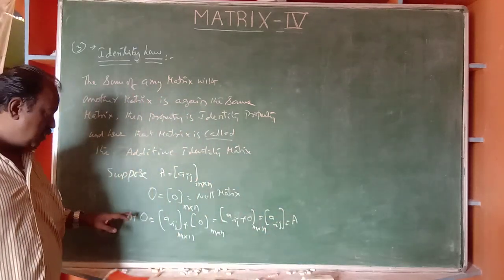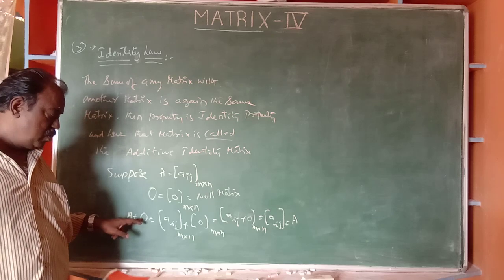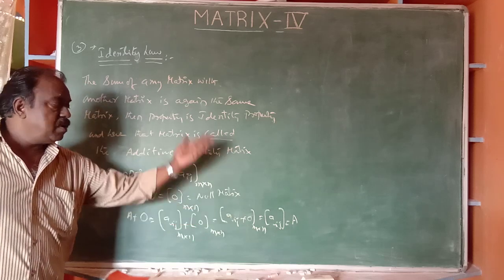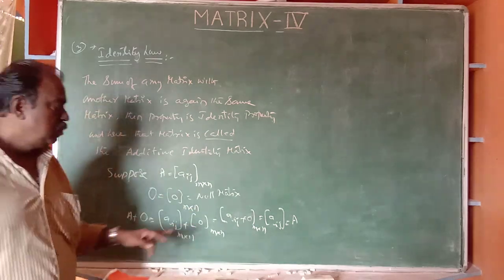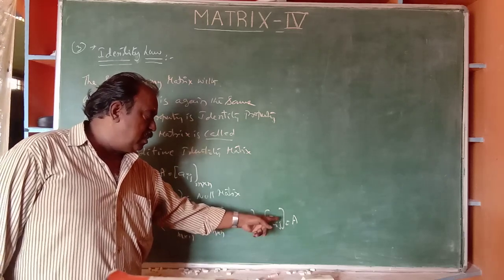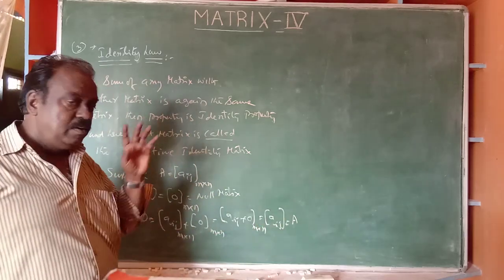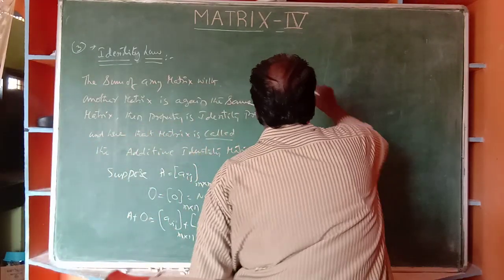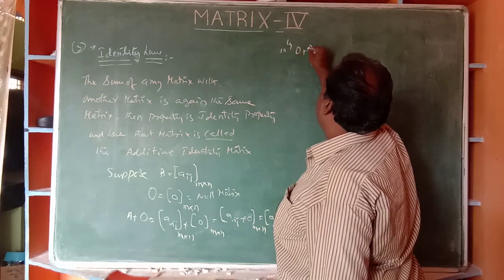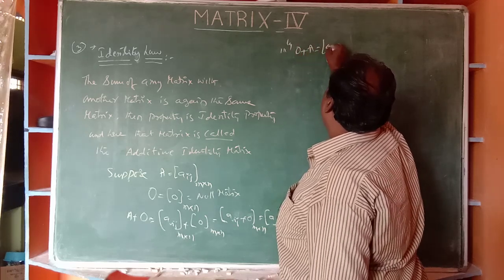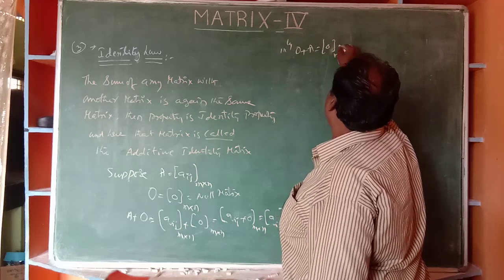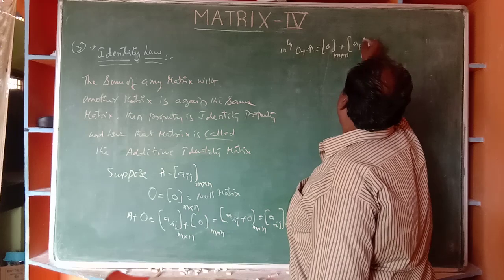Okay? A plus 0 null matrix, that is Aij plus 0. Aij plus 0 is a number. Numbers follow the additive law. So again Aij. So capital Aij in matrix notation is capital A. So we get the same matrix. Similarly, you see 0 plus A. 0, M by N plus A is Aij.